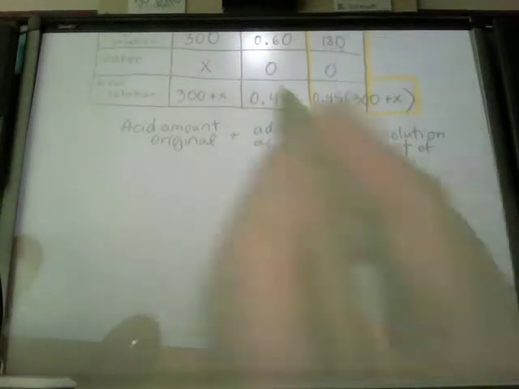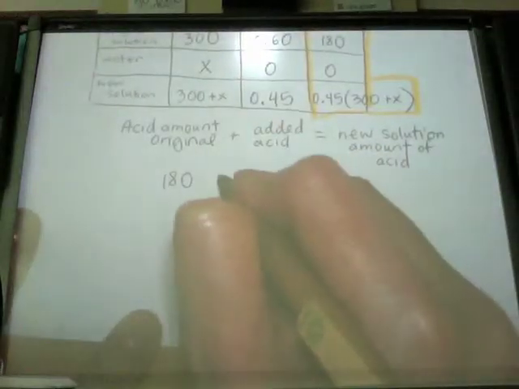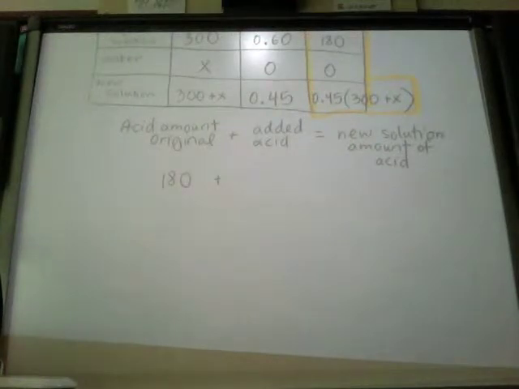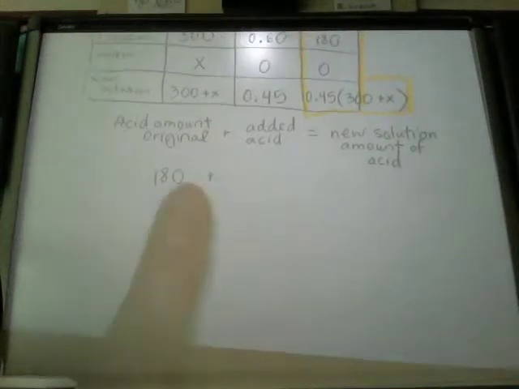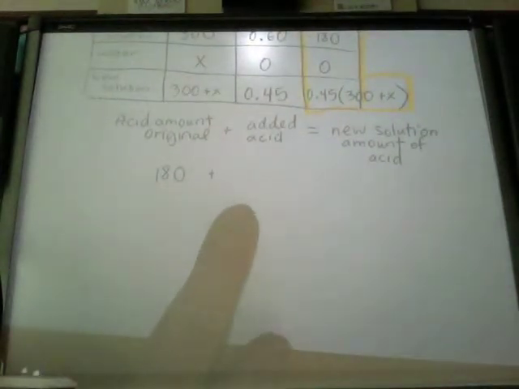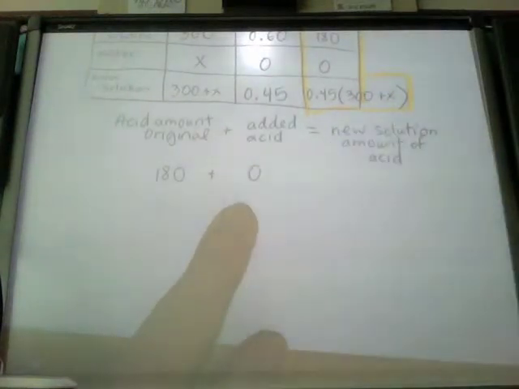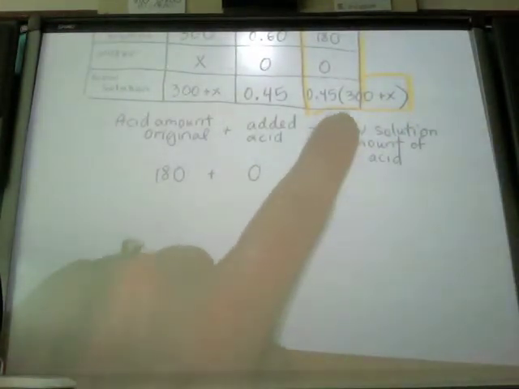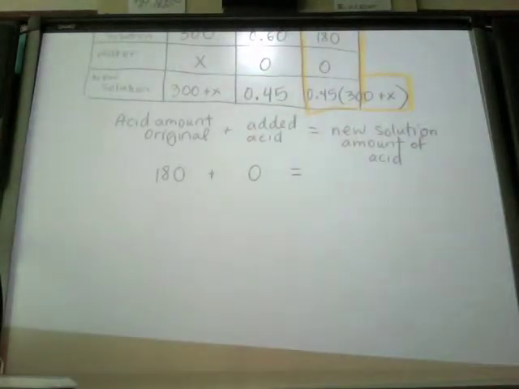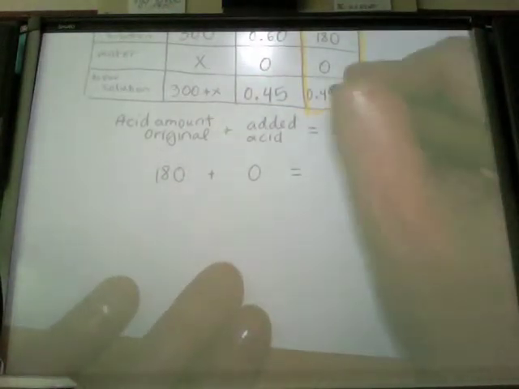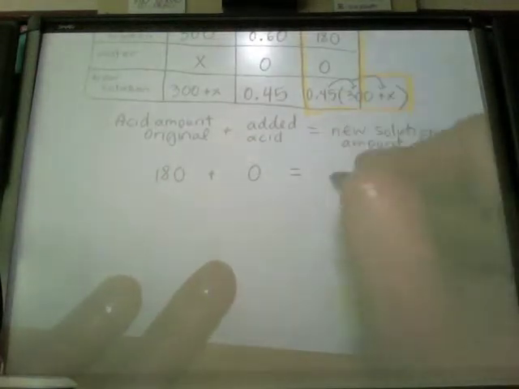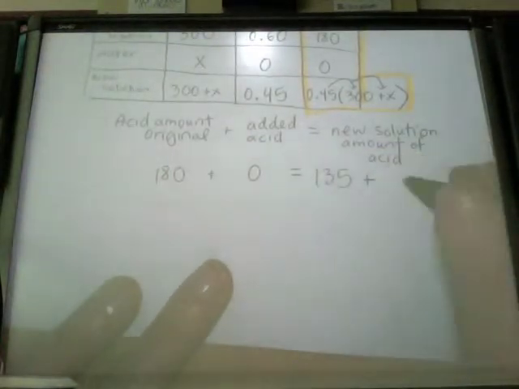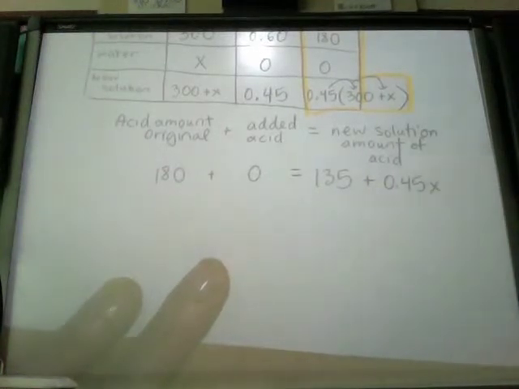The acid amount of the original, we already did the multiplying, so 180. In the book, they still show it as 300 times 0.6. Well, we already did that, so we have the 180 ready to go. Plus the added acid, 0. Equals, and now let's go ahead and take this. I'm going to distribute it as we go. If you guys are okay with that, I think we can go ahead and just take this 0.45, and instead of rewriting that thing, I'm just going to go ahead and do the math. 0.45 times 300 equals 135 plus 0.45 times x.